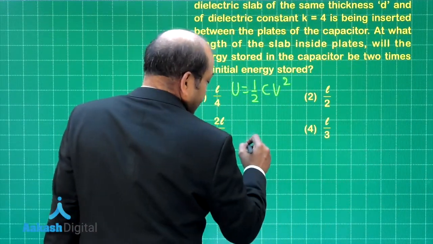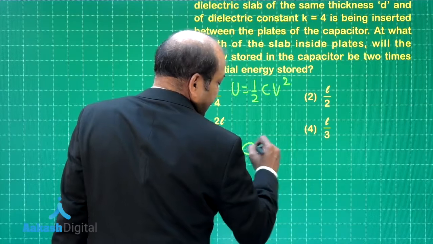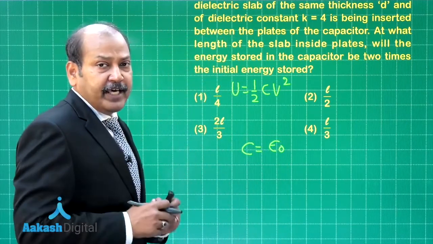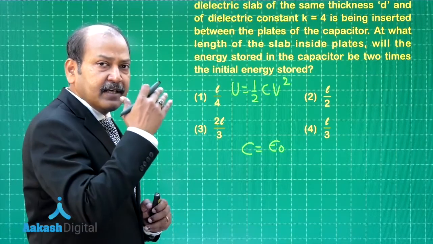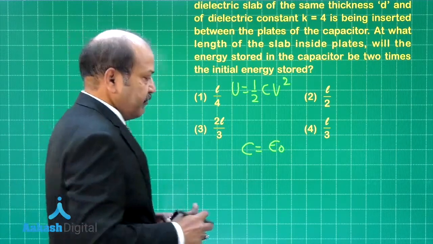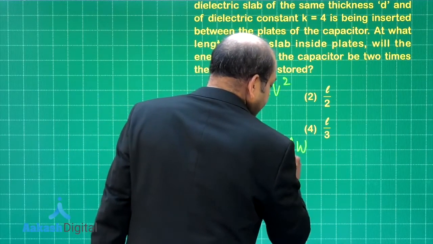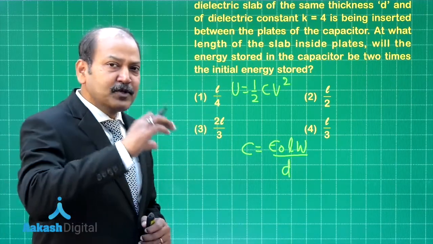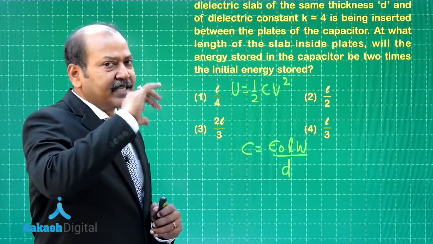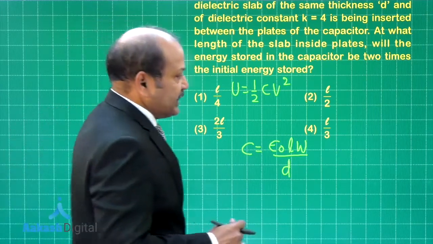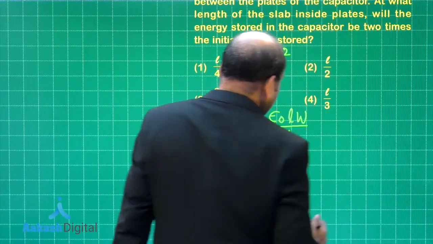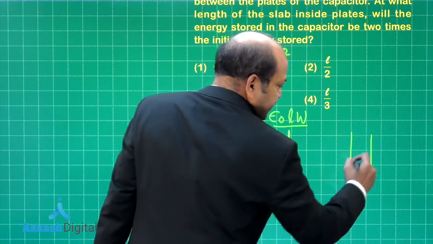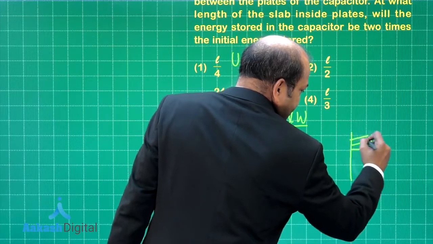Originally the capacitance, let us say, is C, and that is given as epsilon naught A by D. The area of the plates is length multiplied by the width, that means it is L into W divided by D. And when the dielectric is inserted, suppose it is inserted for X length. In that case we can visualize the situation something like this. Say these are the plates and we have dielectric inserted up to this length.